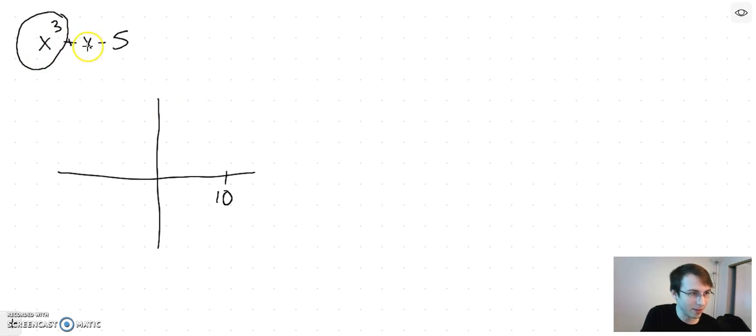So 1,000 plus 10 is really just around 1,000, because everything else pales in comparison. So we're somewhere up here. And when we plug in negative 10, it's pretty similar, except negative 10 cubed is negative 1,000. So we look like this.